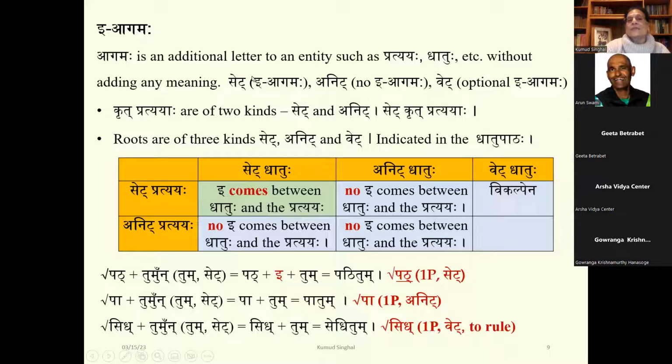So the dhatus are classified as set, anit, and vet. Then krit suffixes are also of two kinds. They are set and anit.